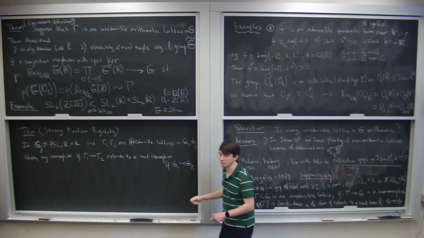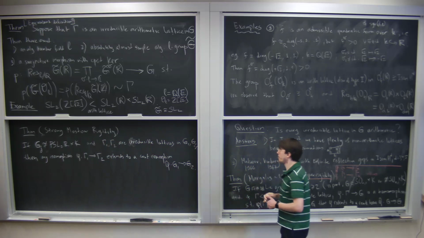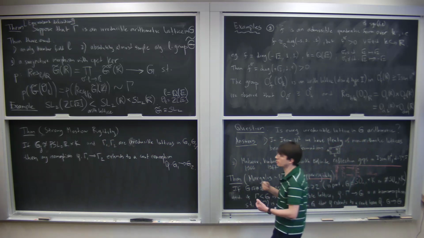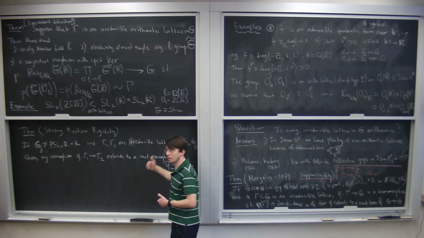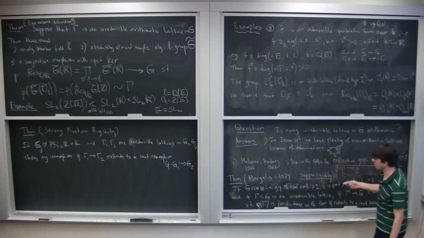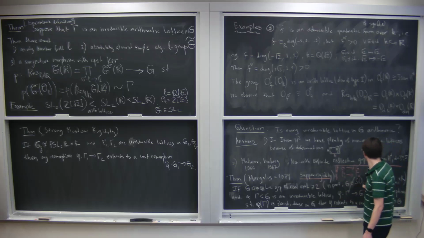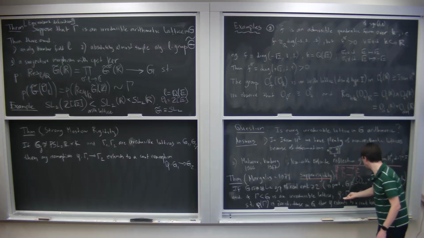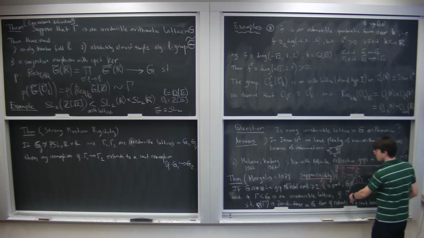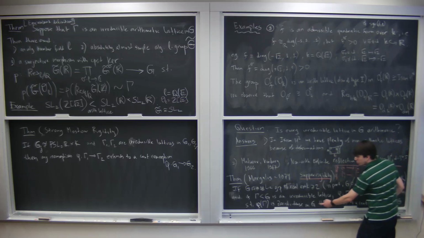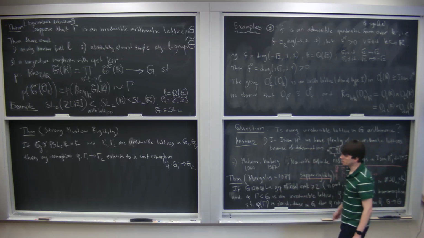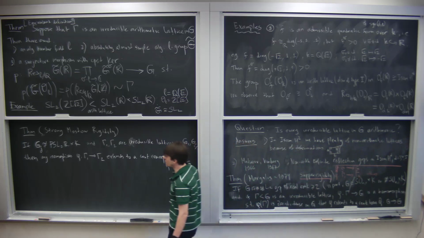This is basically a combination of Mostow rigidity in rank 1, and in higher rank you apply Margulis superrigidity to the setting when phi is an isomorphism. So this is strong Mostow rigidity.